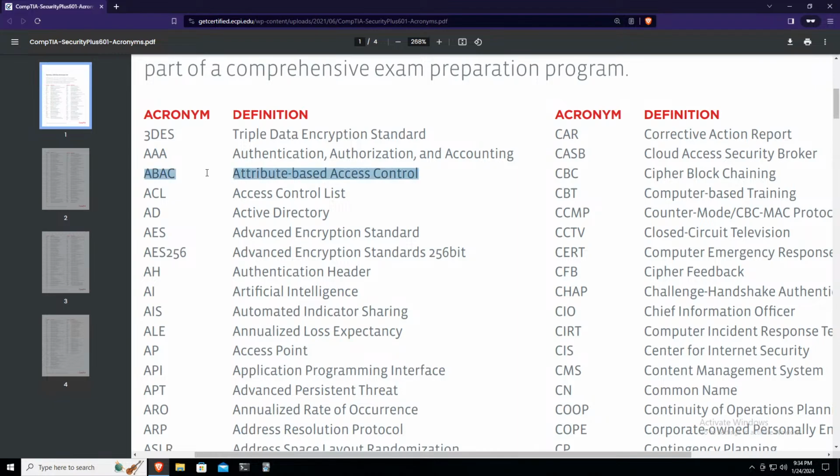This might be one we need to review and look back on, because I don't exactly remember what the example of this attribute-based section was. But let's move on. ACL, access control list.